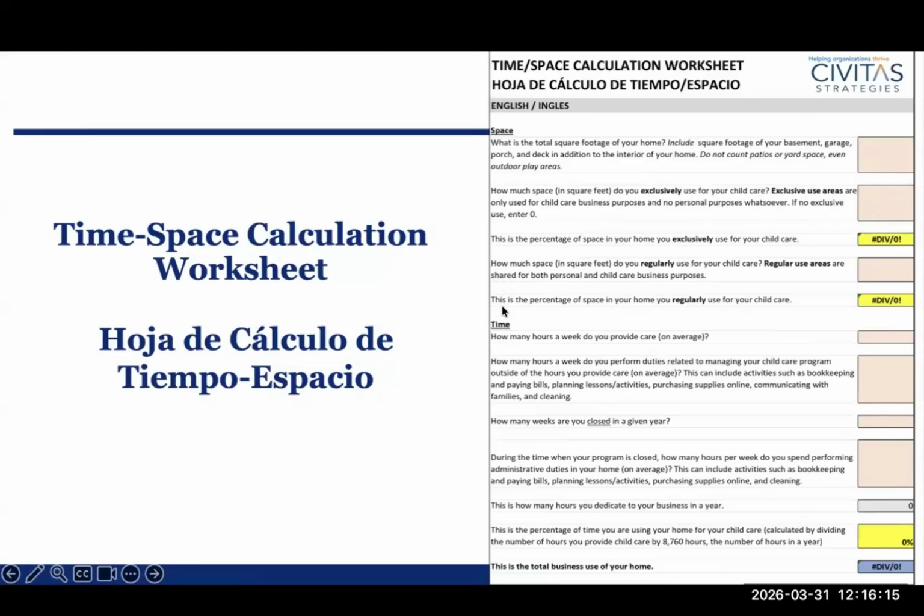You still have to measure your space and your layout and everything, but you don't have to do the calculations by yourself, or if you already did the calculations, you can use this to make sure those calculations are accurate. The worksheet will ask you for your total square footage, your exclusive use square footage, regular use square footage, time, and all that.